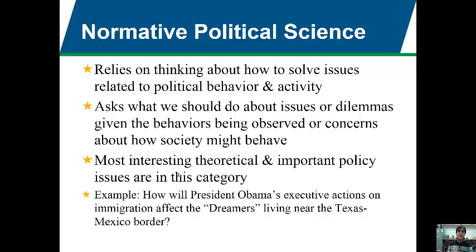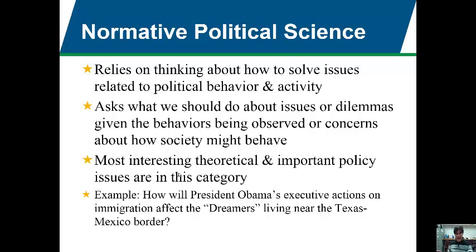We like to think to the future and think about how we can do this in a fair or just manner, and how we tackle this problem. So if you want to put it this way, empirical political scientists look at what the problem is and what the facts behind the problem are, and normative political scientists look at what we should do about the problem and try to answer it, being political beings.